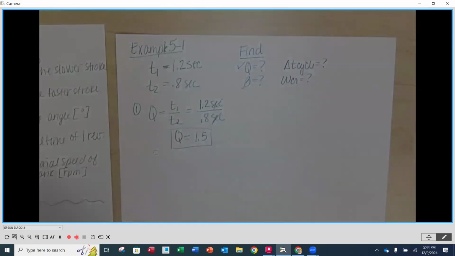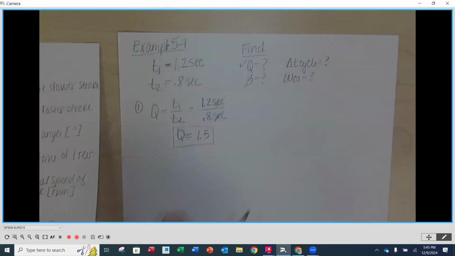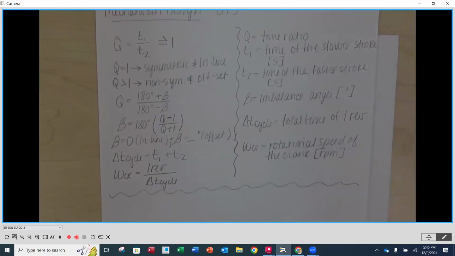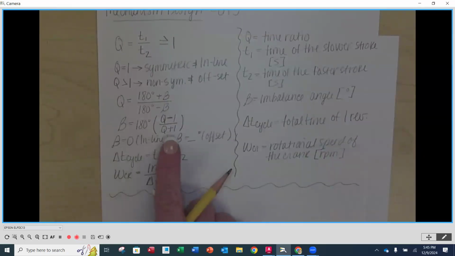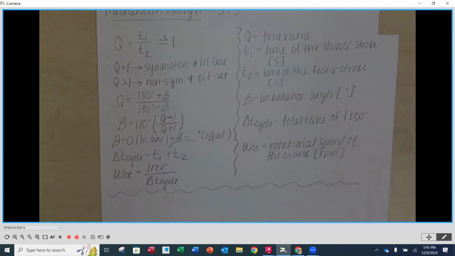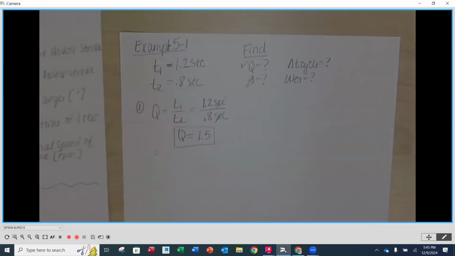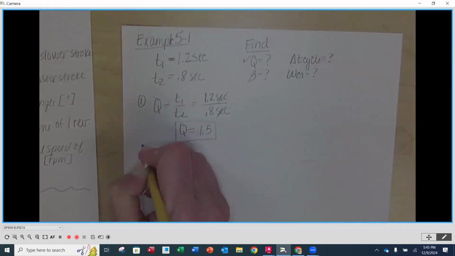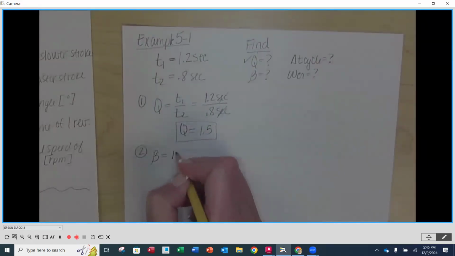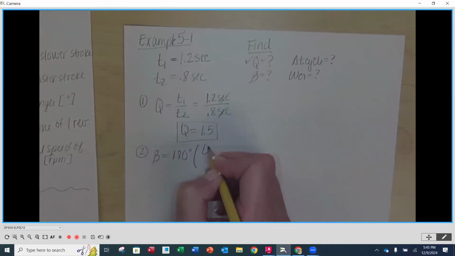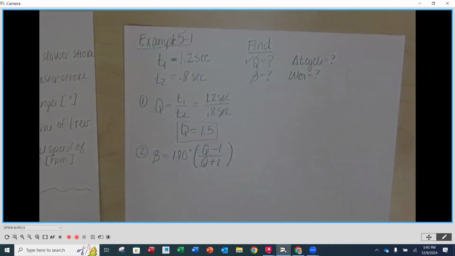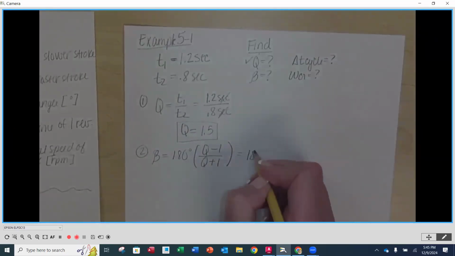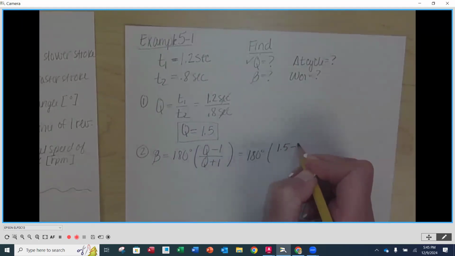The next one is the imbalance angle, which is beta. We have an equation: beta is equal to 180 degrees times Q minus 1 over Q plus 1. We just calculated Q, so that's a good equation to use. So beta is 180 degrees times 1.5 minus 1 over 1.5 plus 1.